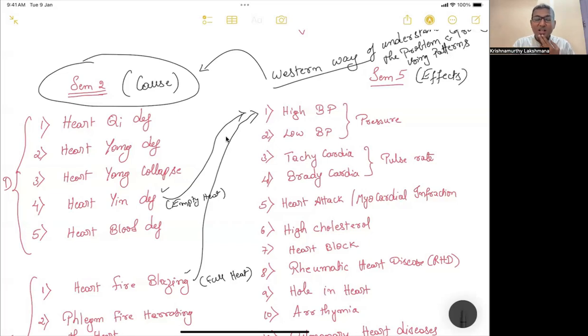Click on the raise hand button. How many want to become good, high quality therapists? I can only see 4 hands raised. 5. Somebody has raised 2 hands. Okay.